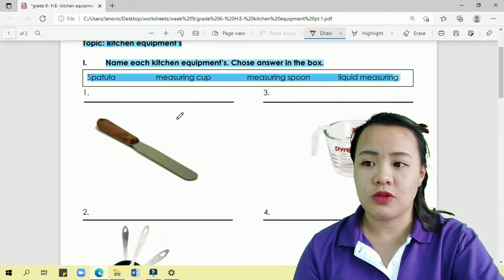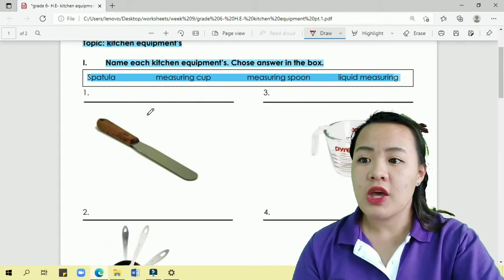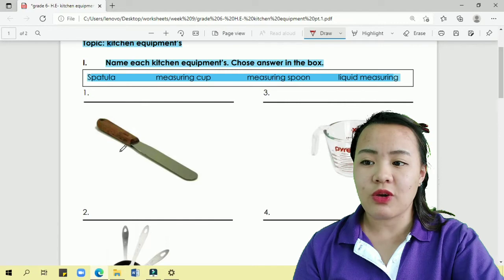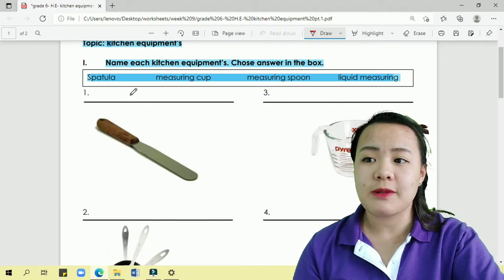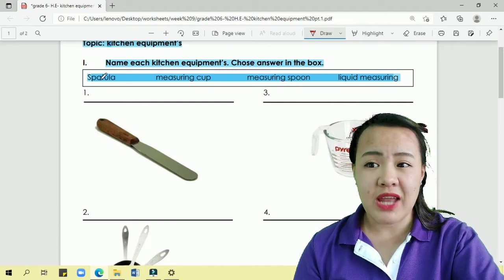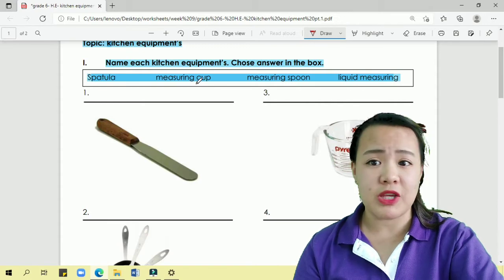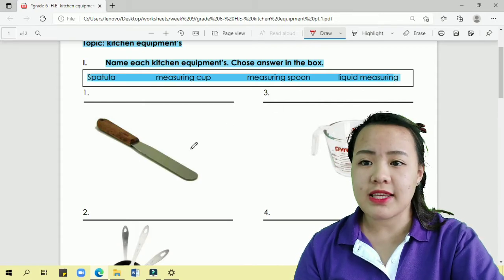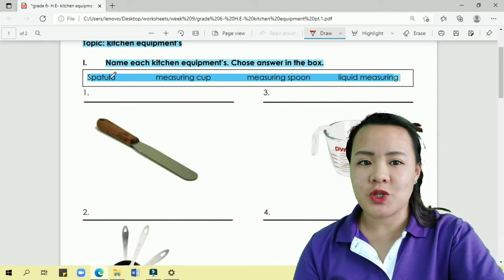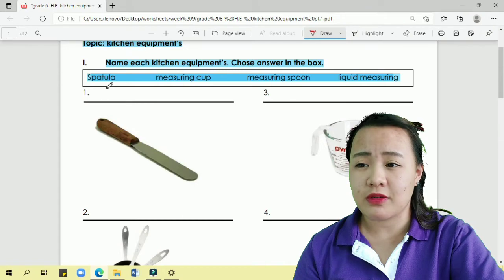Okay, so let's try to answer number 1. What kind of kitchen equipment is this? So this is a spatula, measuring cup, measuring spoon, or liquid measuring cup. Okay, the answer is spatula. Let's try writing spatula.